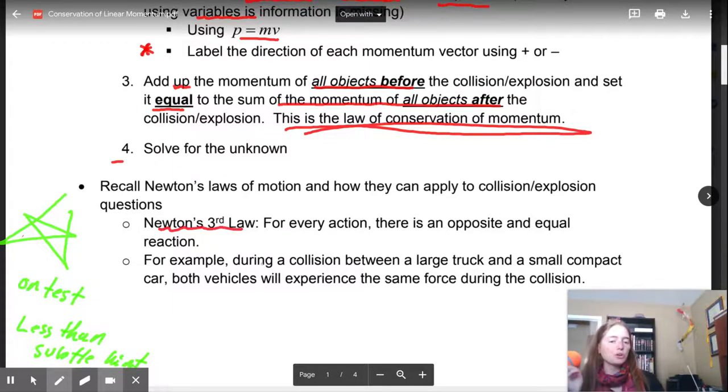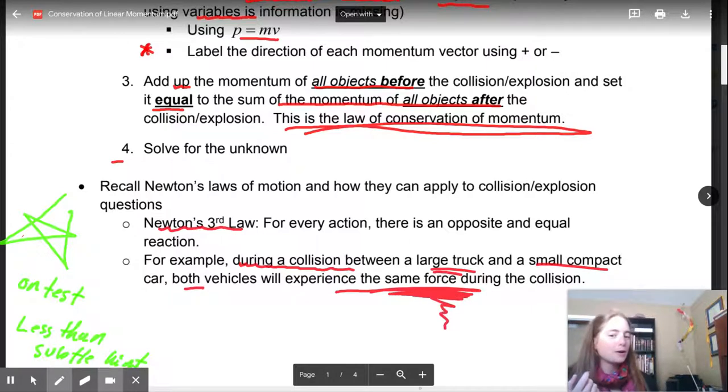So what that means is, during a collision between a large truck and a small car, both vehicles will experience the same force. Now that's important. What evidence can we see of this? If two vehicles traveling on the highway at the same speed collide, the big vehicle will often take less damage than the small one.